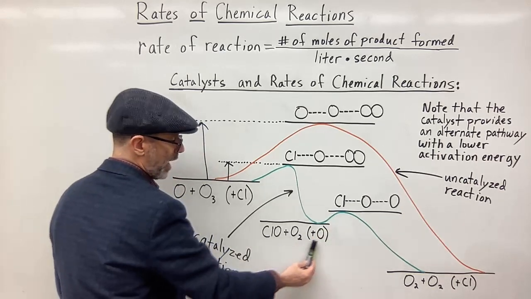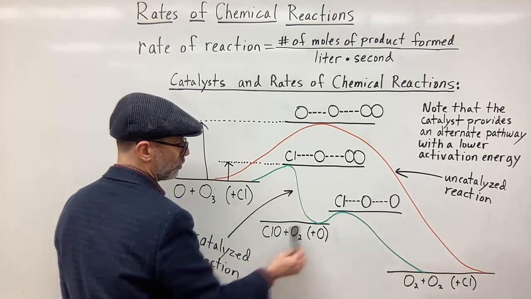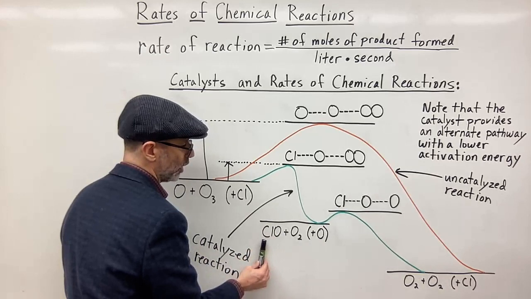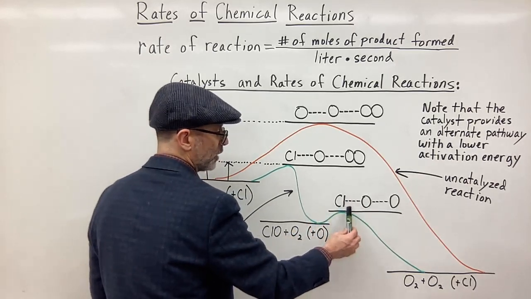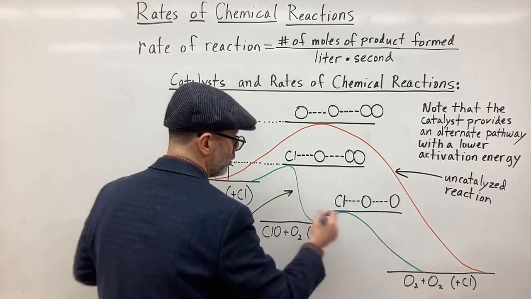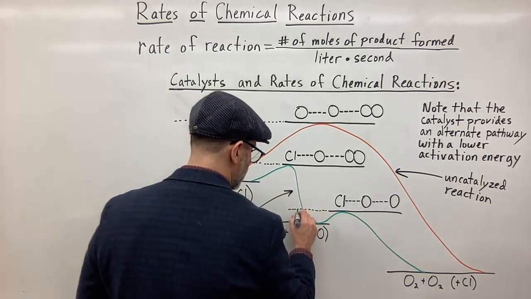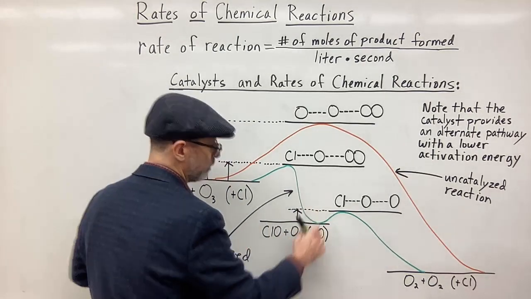This is now going to react with this, forming the complex. So your single atom oxygen is going to collide with ClO, and then you've got this activated complex here. And again, here's the activation energy that needs to be overcome, so relatively small.